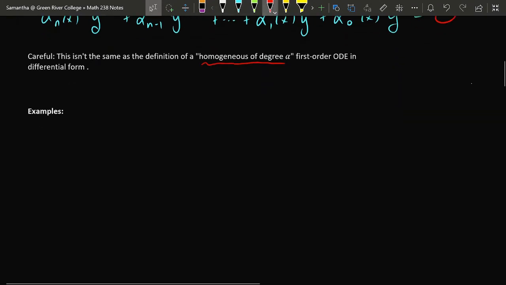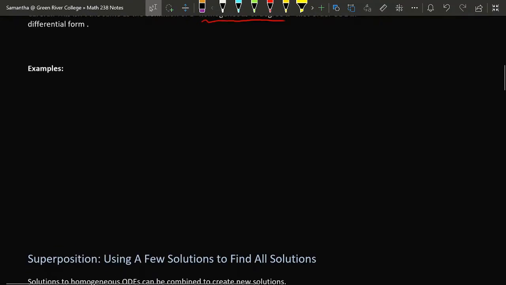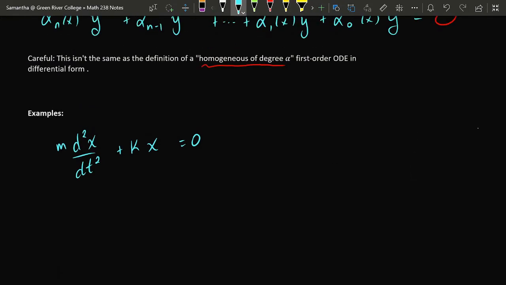Now in the real-world applications that we looked at yesterday, we had 2 examples of homogeneous ODEs. The ODE corresponding to the spring mass system: mass times x double prime, the second derivative of x with respect to time, plus a constant times x equals 0. This was homogeneous with the output variable called x and the input variable called t. The right-hand side of the equation was equal to 0.